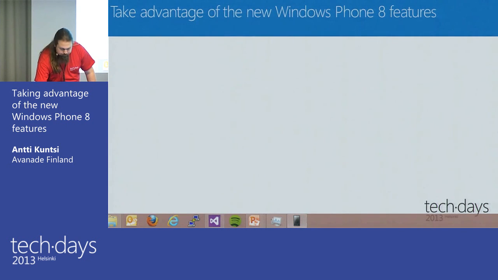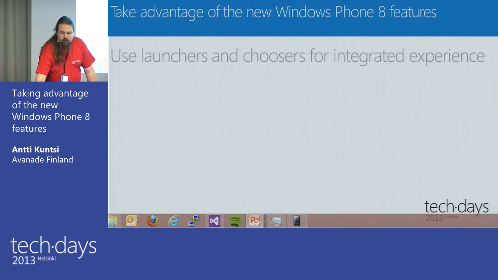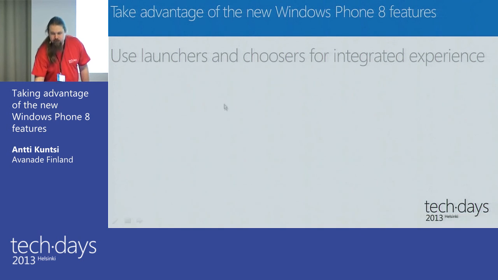Right. So we've now seen roughly how to take advantage of new features. Use launchers and choosers for a good integrated experience, so you can get the application to look like a first-class citizen on your phone.